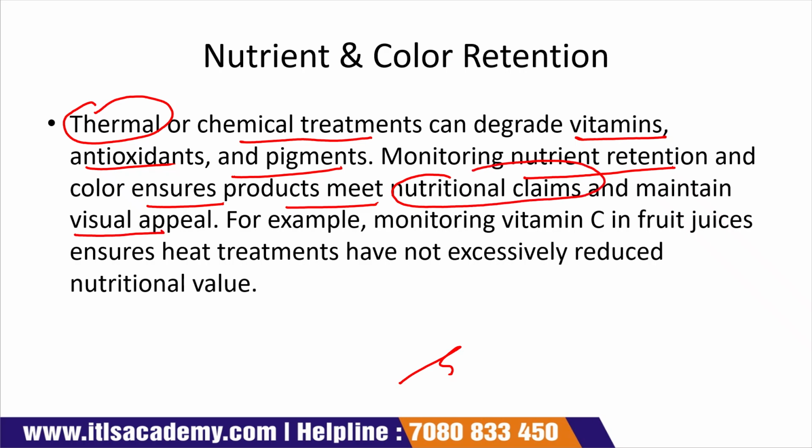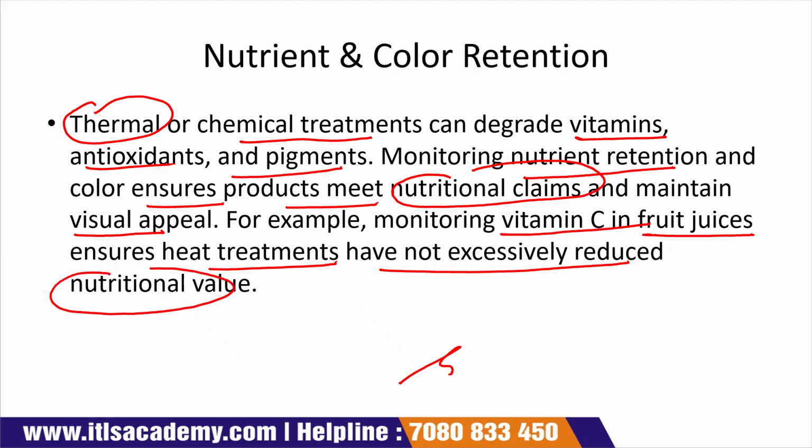So if we monitor nutrient retention and maintain visual appeal, it can ensure that the product is safe. For example, monitoring the vitamin C content in fruit juices ensures that the heat treatment has not excessively reduced the nutritional value of the food product.